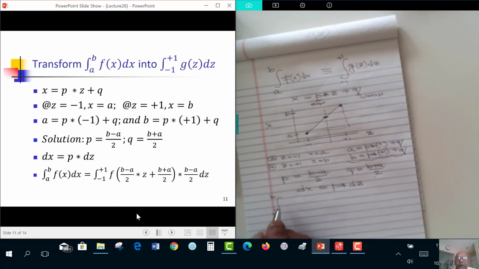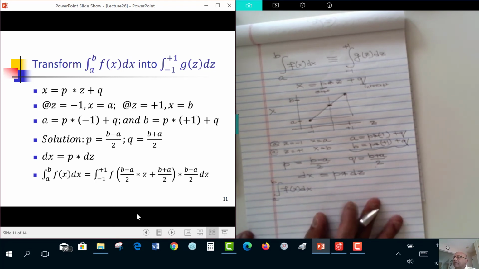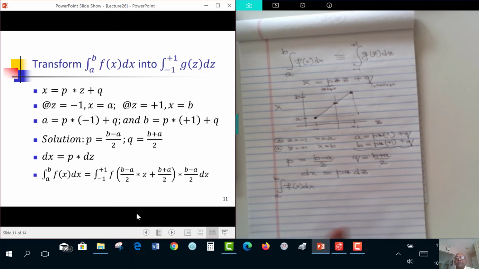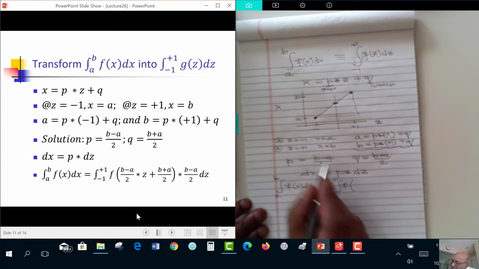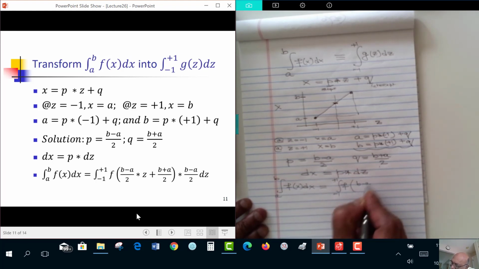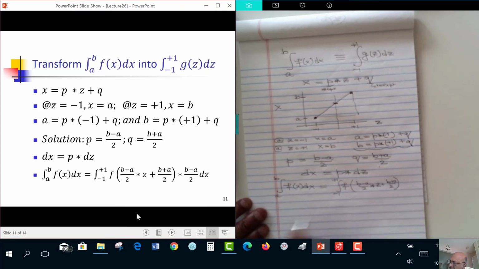We want to integrate from a to b f(x) dx. So this is equal to, our a becomes -1, b becomes +1. Function x is p times z plus q. Well, p is (b minus a) over 2 times z plus (b plus a) over 2. That's our x.